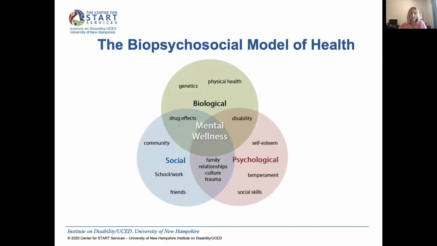So in the START model, we look very closely at all the factors that might impact biological health, psychological well-being, and social factors, all that intersect, and the complexity of how those things lead to mental wellness, mental illness and wellness.